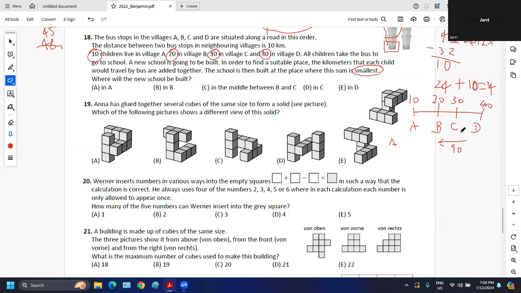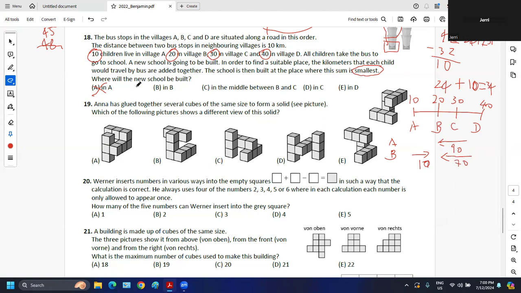And we don't care about the A, but since there's 90 going left, then there will be too much. So A would be wrong. B. If it was in B, then there would be 70 running left and 10 running right. Which is still not the smallest number.